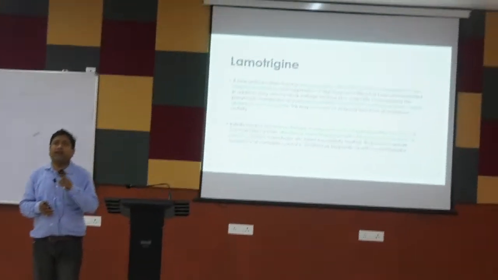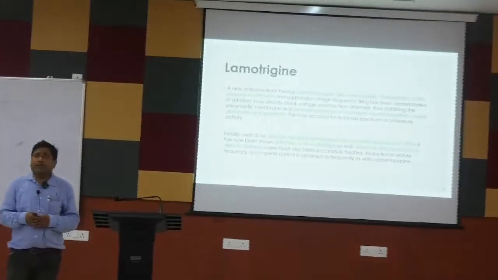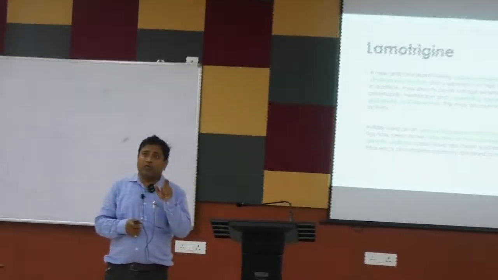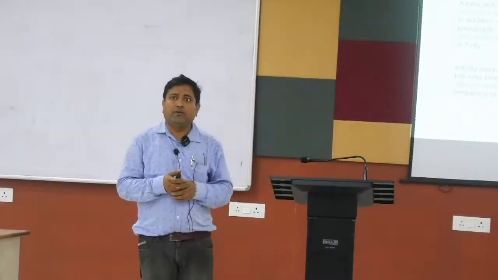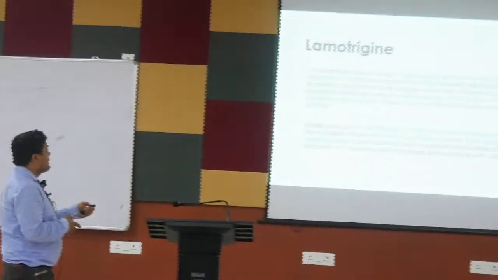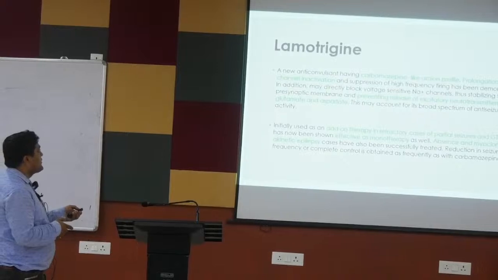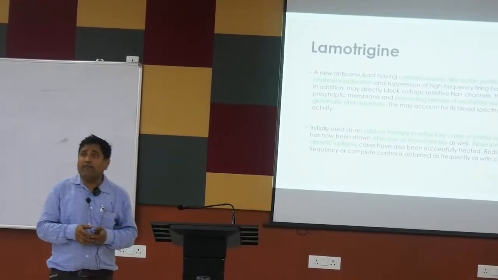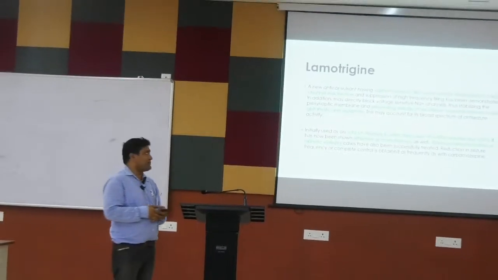How does carbamazepine act? Carbamazepine acts on the sodium channel. They prolong the inactivated state of the sodium channel. Likewise, lamotrigine also prolongs the sodium channel inactivation, and thus suppresses the high frequency firing of the sodium channels.